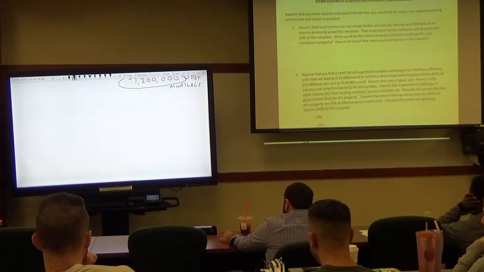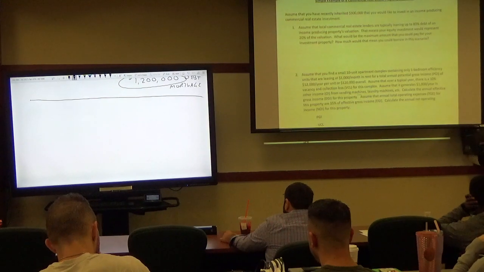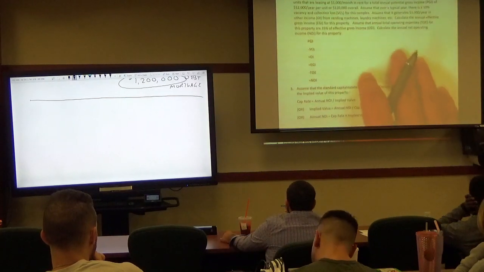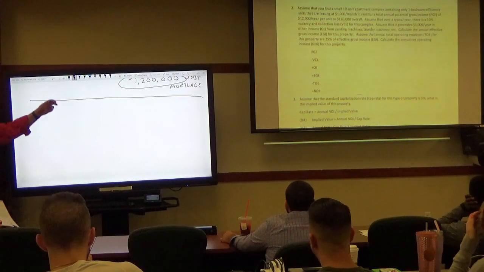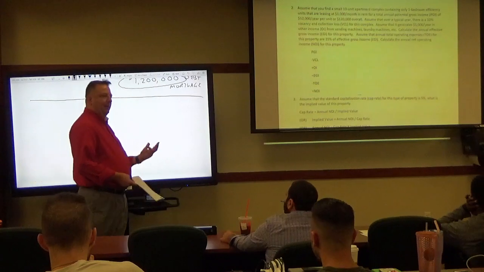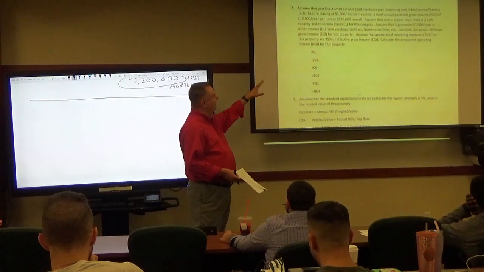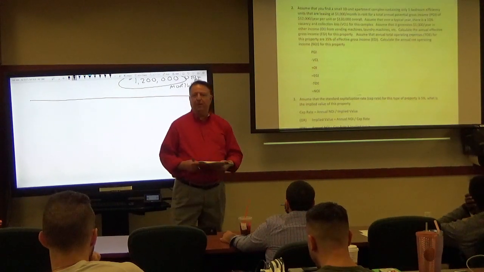The second piece covers the fundamental components of an income statement on a commercial property. You're given a lot of assumptions about the income and expenses this property is expected to have, and you fill in these key components.